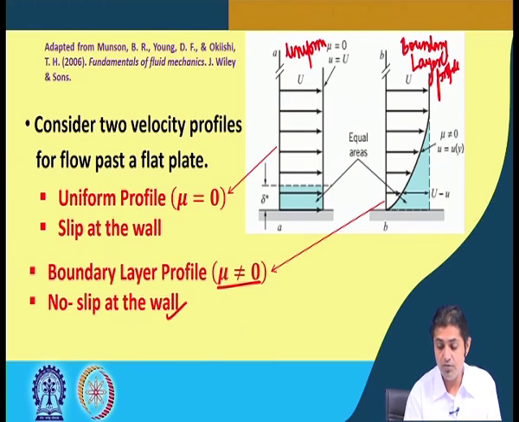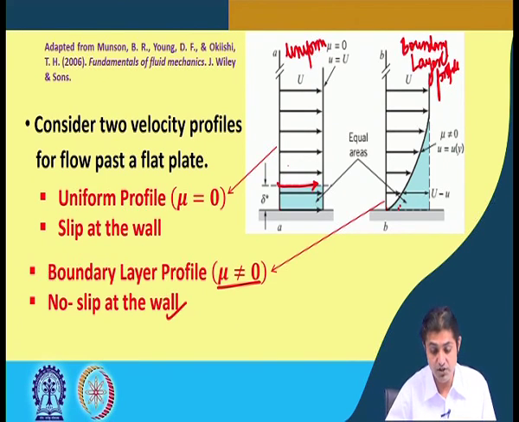No slip at the wall means the fluid velocity just above the plate is going to have the same velocity as the plate. In this case, since the plate is stationary, the fluid particle just above this will have a 0 velocity. So, that is why the velocity profile you see is 0 here. In the uniform profile, at the beginning there is a uniform velocity U, it is not 0.